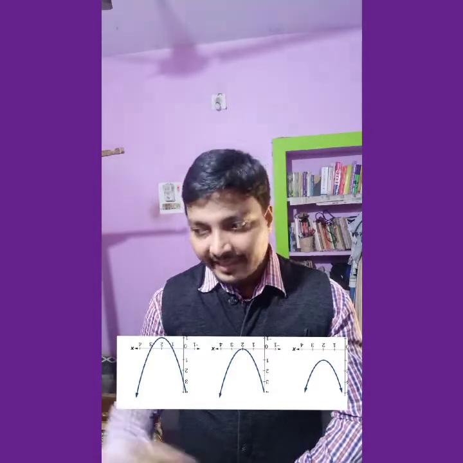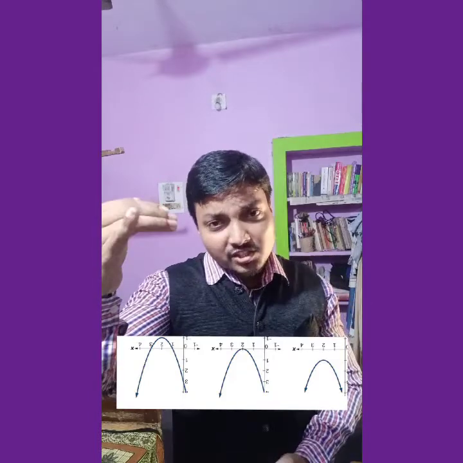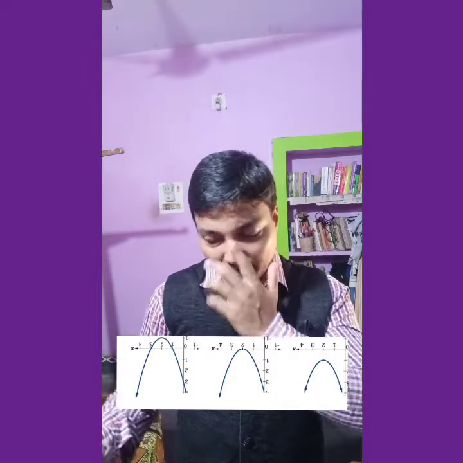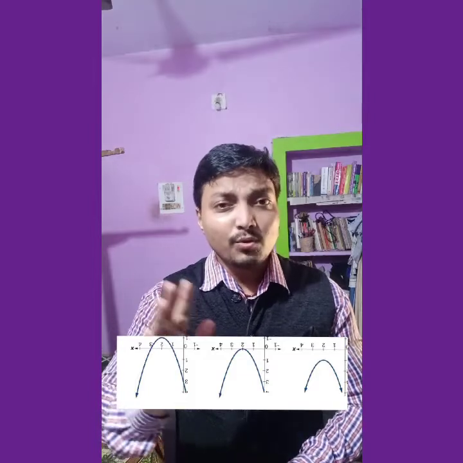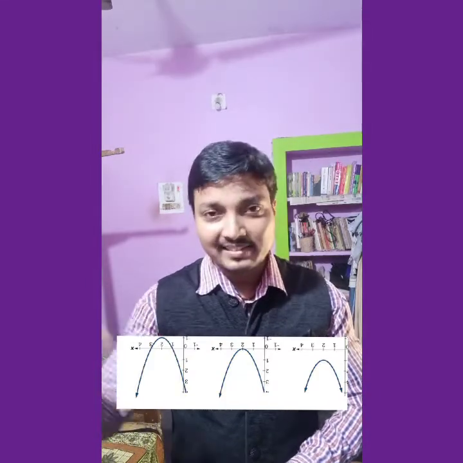Whenever a is less than 0 and both the zeros are equal, the curve just touches the x-axis at a point. Single point means two zeros are equal. Thereafter, the last figure does not touch the x-axis. It means there are no real zeros: the quadratic polynomial has no real zero.